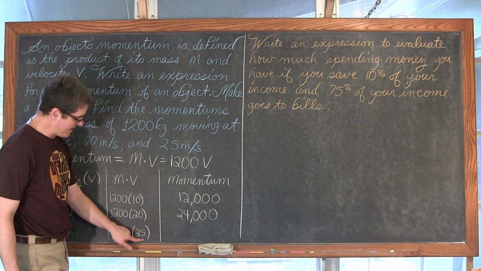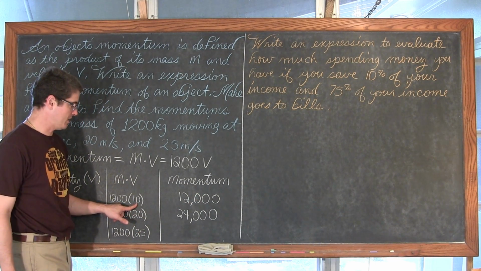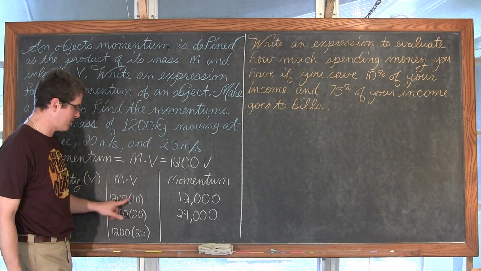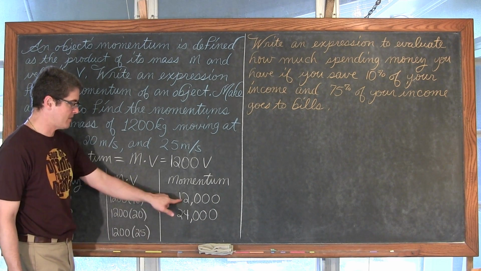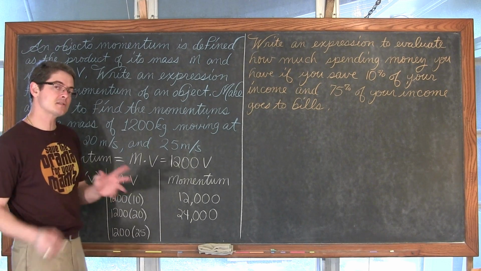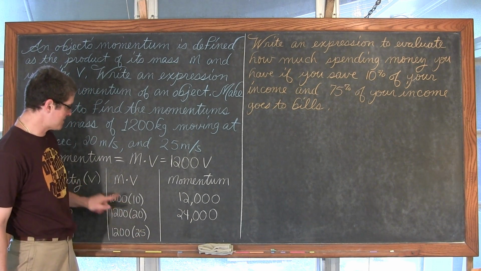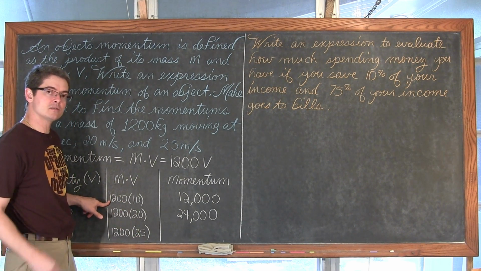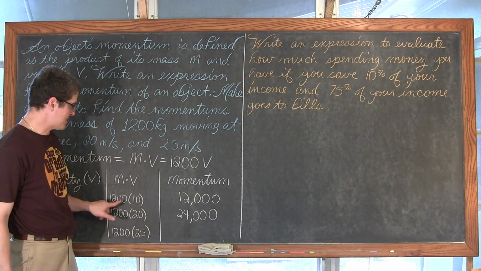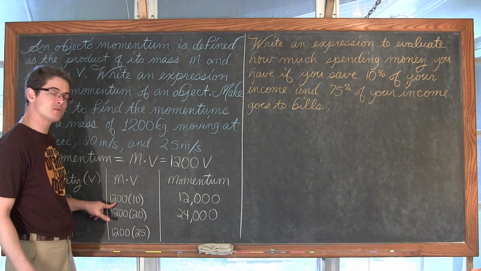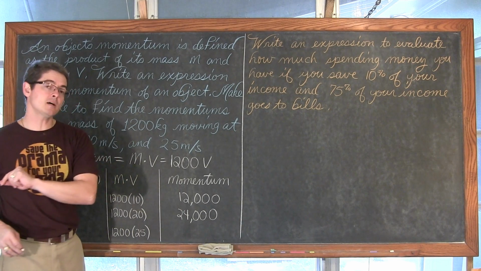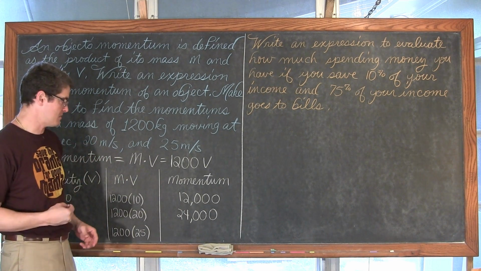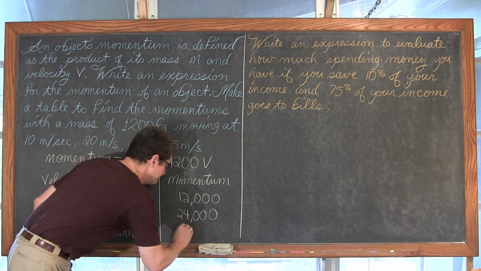Well, 5 is half of 10, so if I know 1,200 times 10, I can figure out 1,200 times 5 is going to be half of 12,000, or 6,000. Or I can do 5 times 1,000, which is 5,000, and 5 times 200, which is 1,000, and 5,000 and 1,000 is 6,000. So 24,000 plus 6,000 is 30,000.